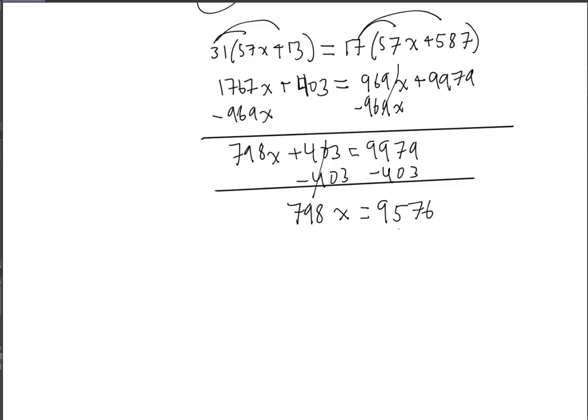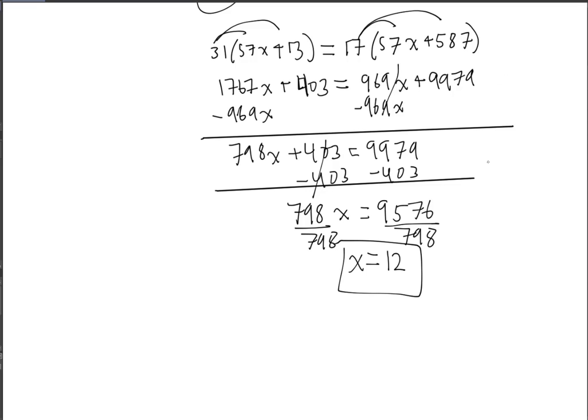And then I can take that 9576 and divide it by 798, right? And if we get a good answer, hopefully, yes, we get 12. So x is equal to 12.